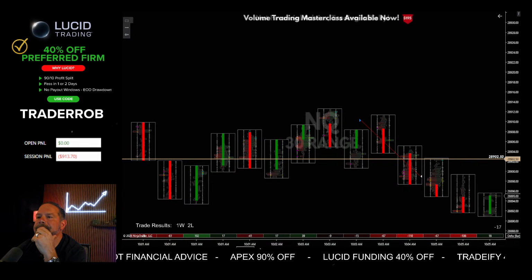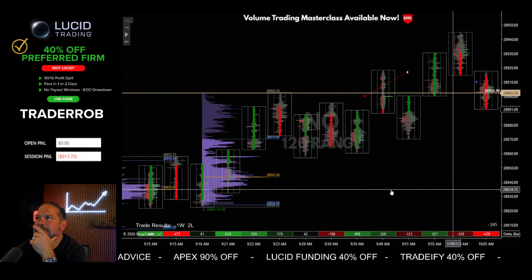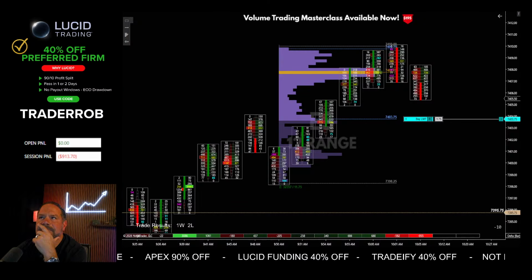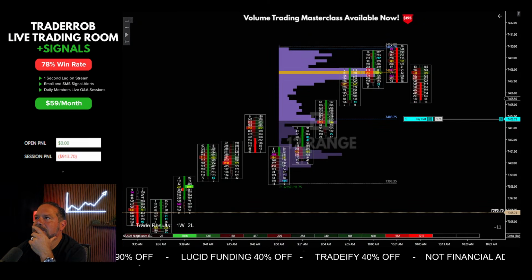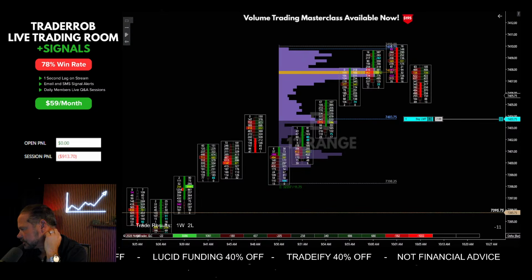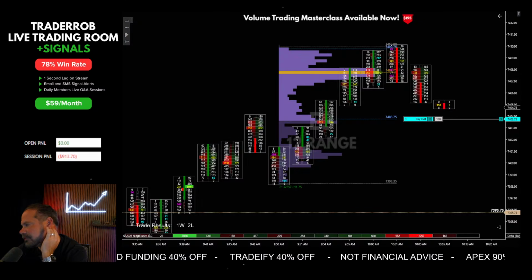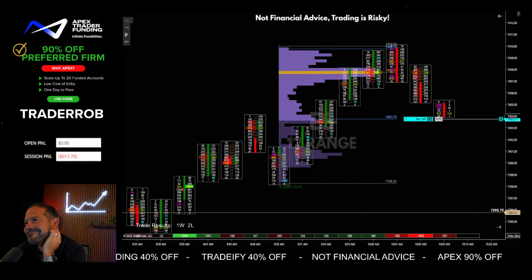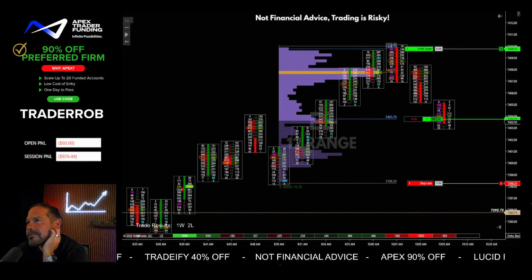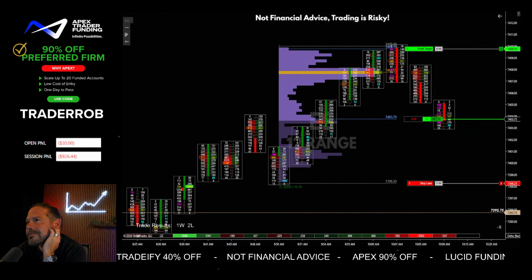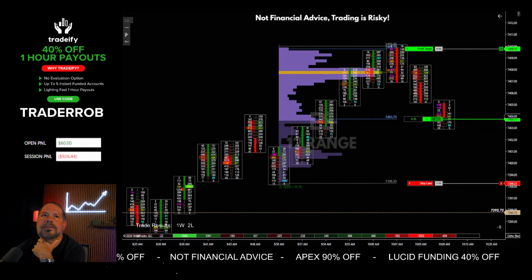It's looking heavier. I'd like to see the NQ show some strength here.